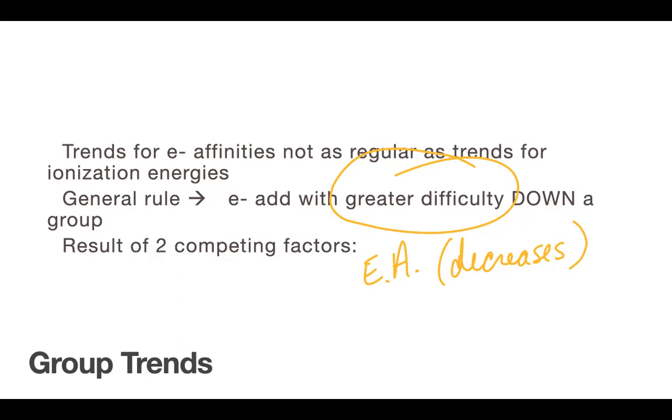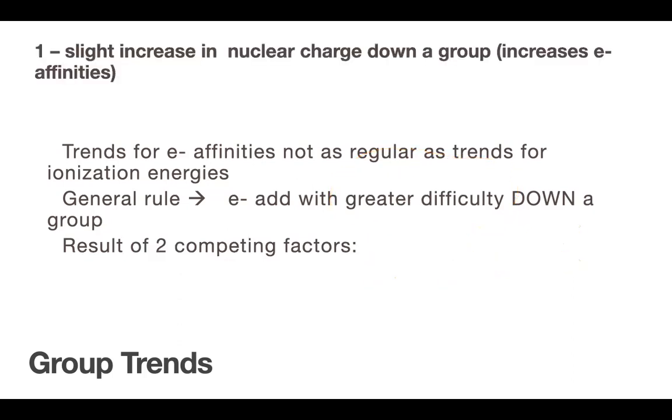And again, the two competing factors are one, an increase in nuclear charge going down a group, which you would think would increase the electron affinity, because remember, as you go down a group, your nuclear charge is increasing by a lot.